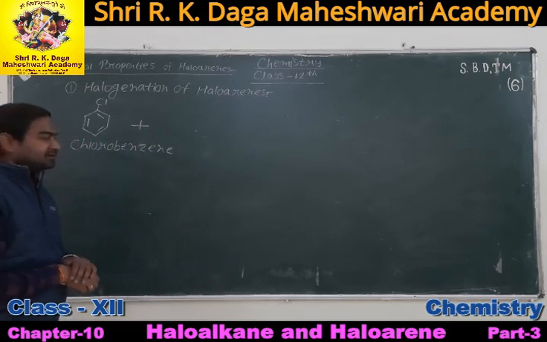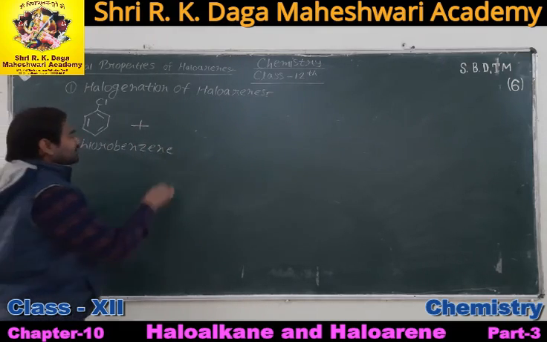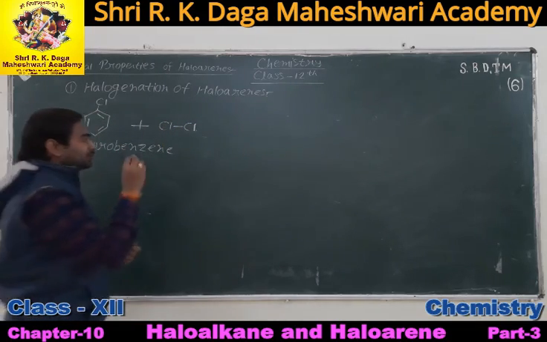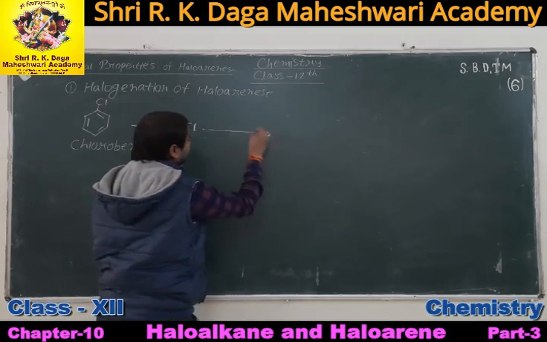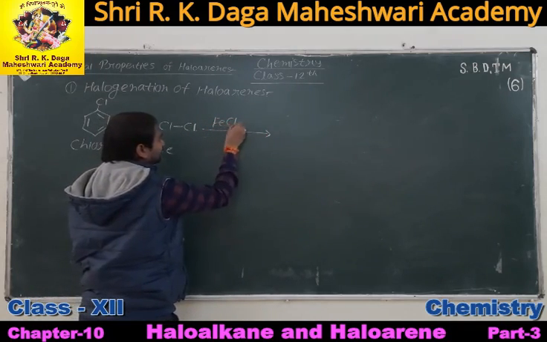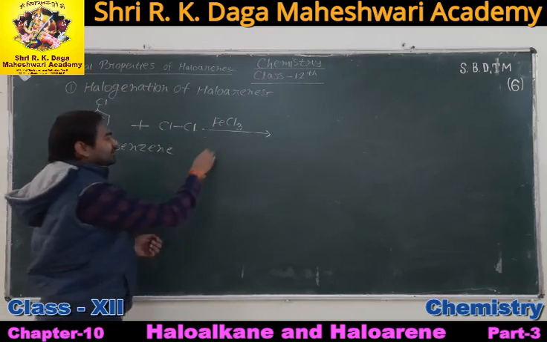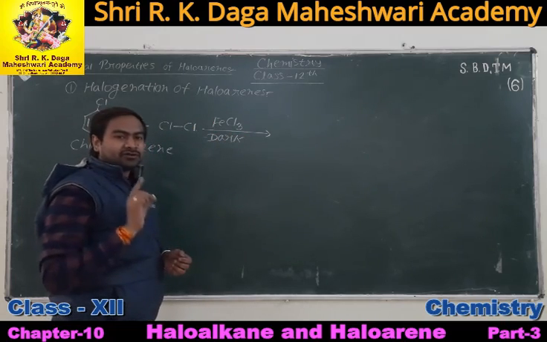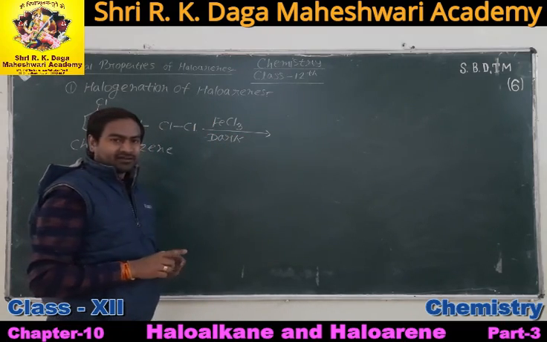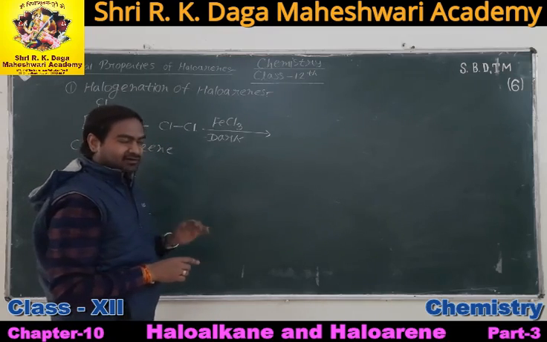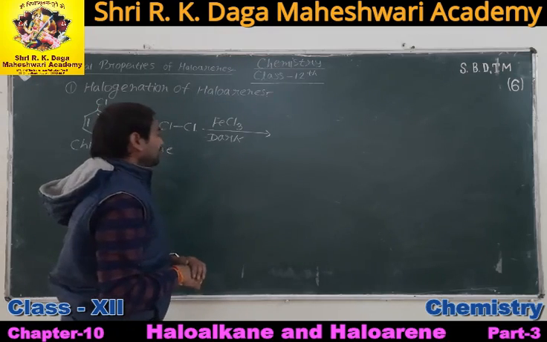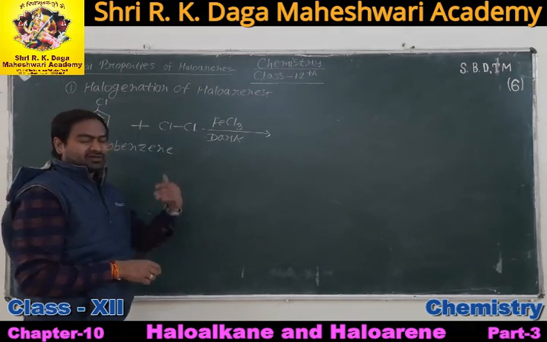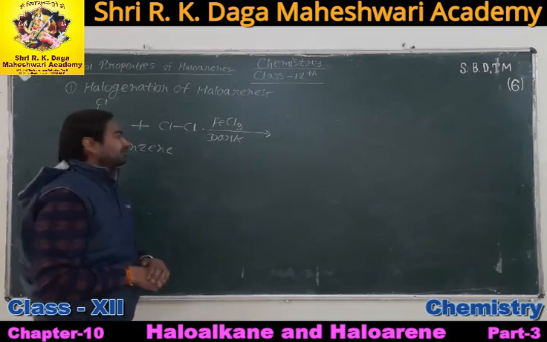Now when chlorobenzene is treated with chlorine in the presence of FeCl3 in the dark. Remember, this reaction should not occur in the presence of light. It should occur in the dark, that is, in the absence of light. If light is present, then another compound will be formed. We will study it in this lecture, but after some time.